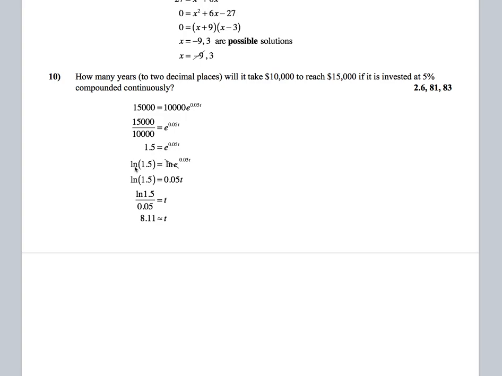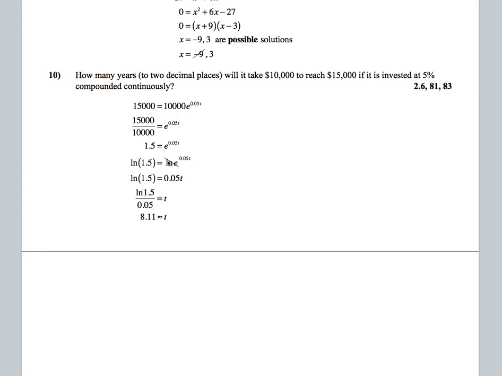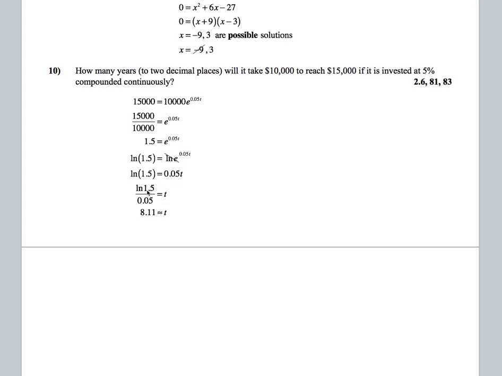And now I take the natural logarithm of both sides of this equation, natural log of 1.5 here, and the natural log of e raised to some expression. Natural log has a base of e, and so those operations cancel out as they've done here. And so I'm left with log of 1.5 is equal to 0.05 times t.